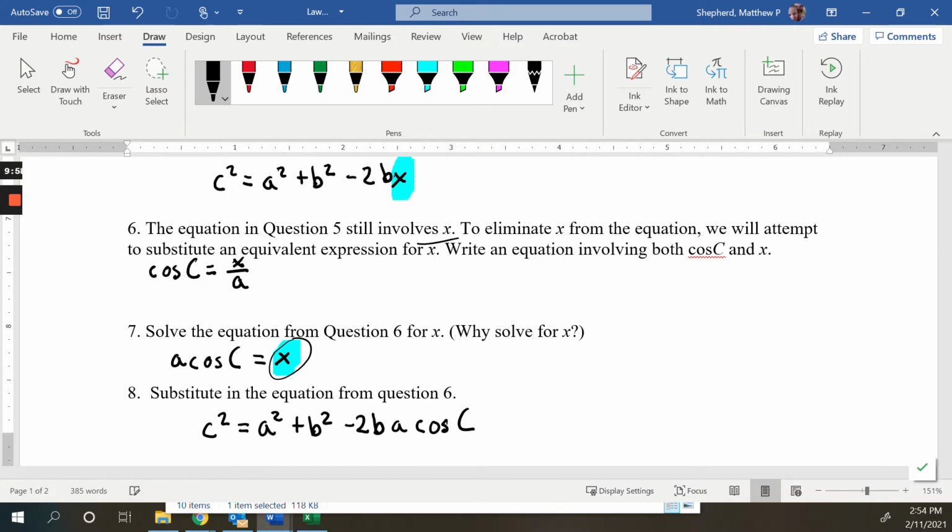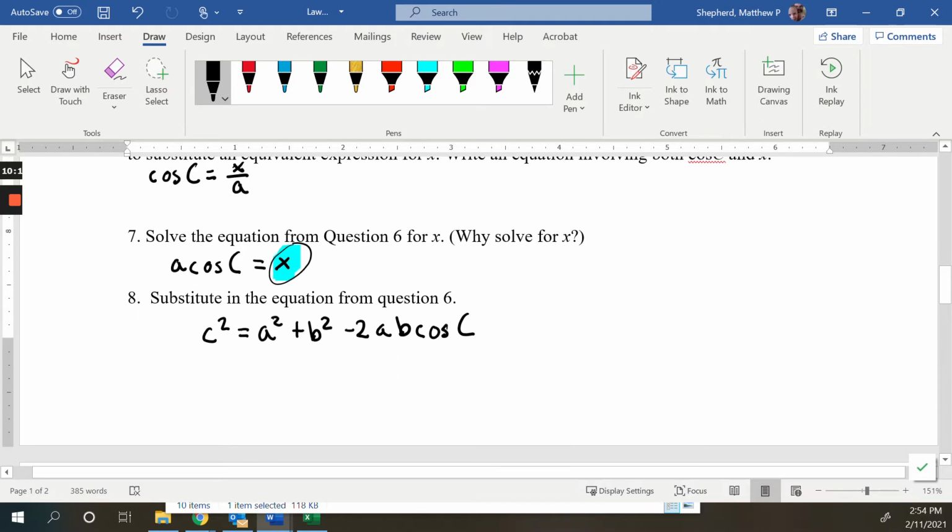And I'm going to do a quick rearrange. We've got BA, the obsessive compulsive part of my brain doesn't like that, so we'll put it just like that. Right there, we've got our equation for the law of cosines.